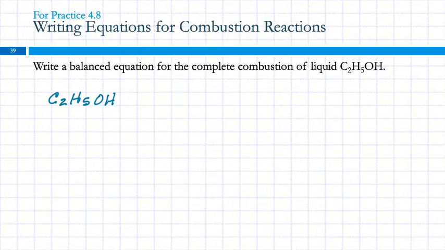This OH group tells me it's an alcohol, and the question tells me that's a liquid. It doesn't give me anything else. Combustion requires what? Oxygen. So the other reactant is always oxygen. My reactant here is carbon, hydrogen, and oxygen. What are the products? CO2 and water.